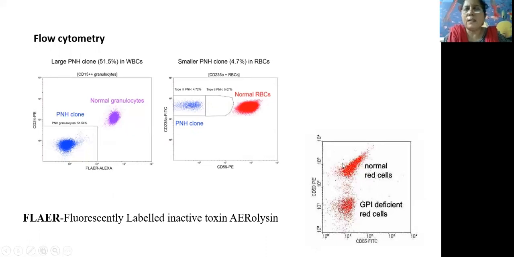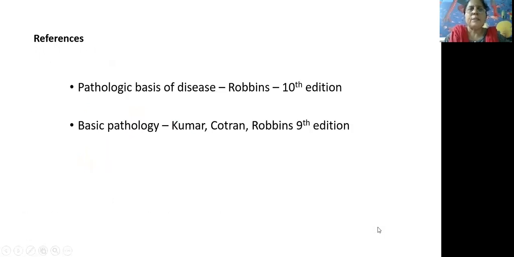Normal red cells will show 59 positivity. GPI deficient cells will show negativity, 55 versus 59. Okay. Normal red cells will show both, but this will be deficient.